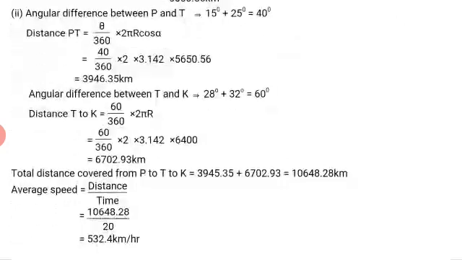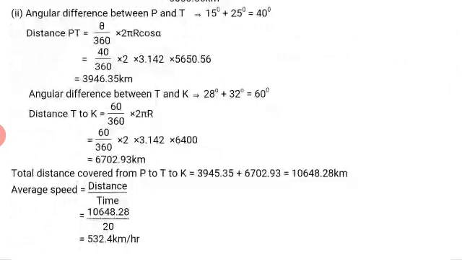Total distance covered is the addition of the two distances, that is from P to T and from T to K, and that gives us 39,453.35 plus 6,702.93, and that gives us 10,648.28 kilometers. That's our total distance covered.